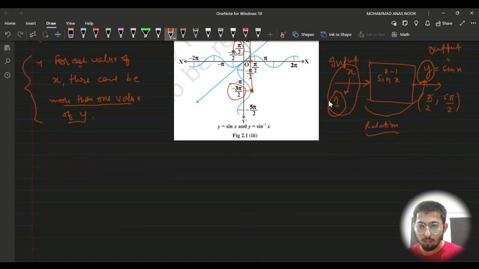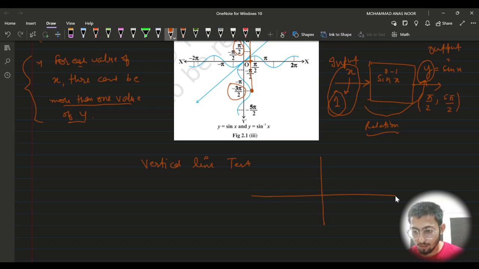This is also called the vertical line test. I don't know why I have to say that here, but you should know it. If there is a graph and you need to check whether it is a function or not, you draw a vertical line.